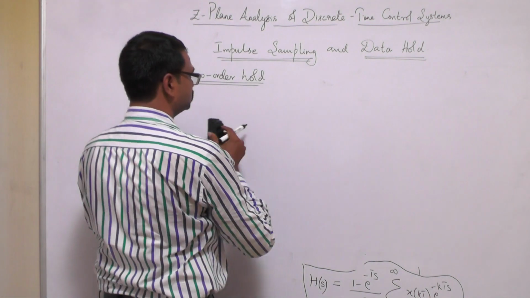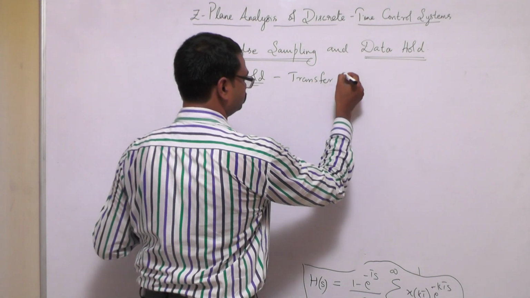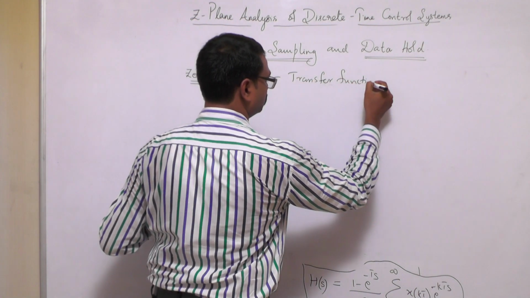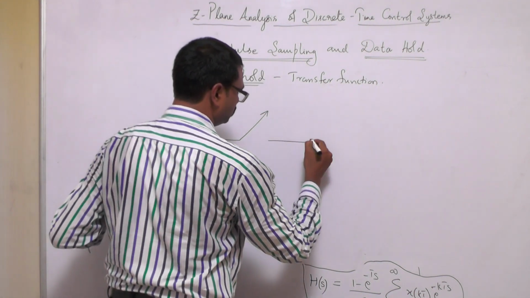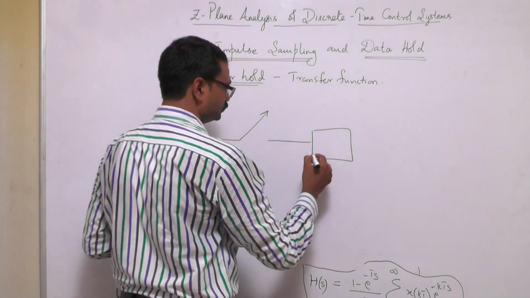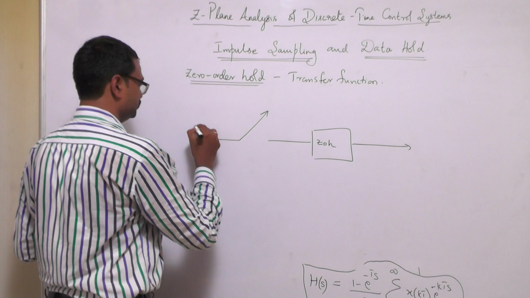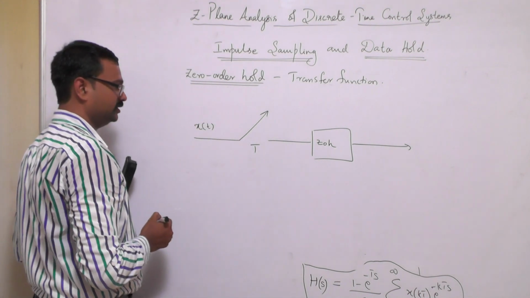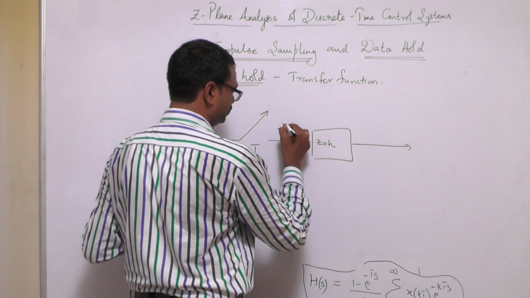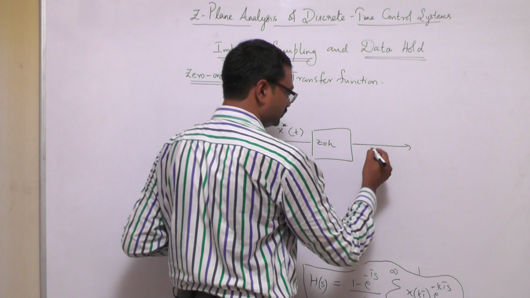Now we are trying to discuss the transfer function of the zero order hold. Let me say we are having a zero order hold, with x of t and the sampler with time period T, giving x star of t or x star of s.